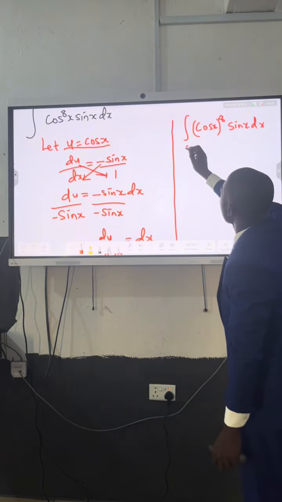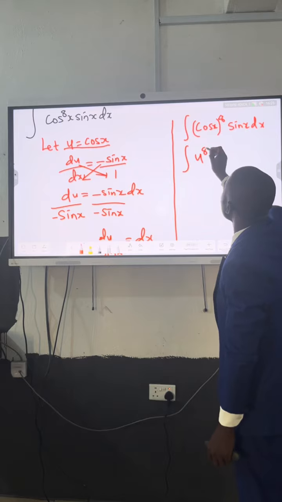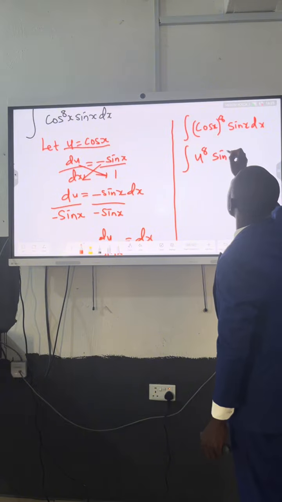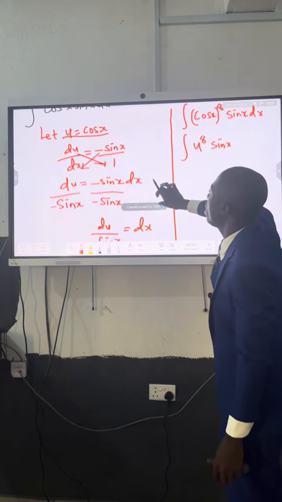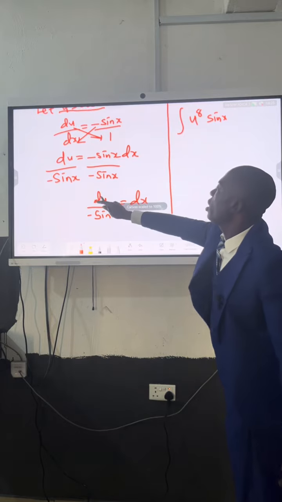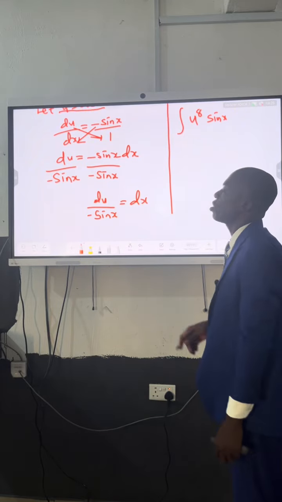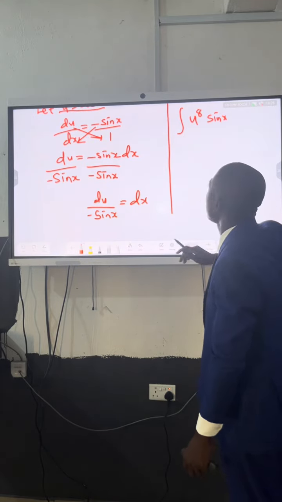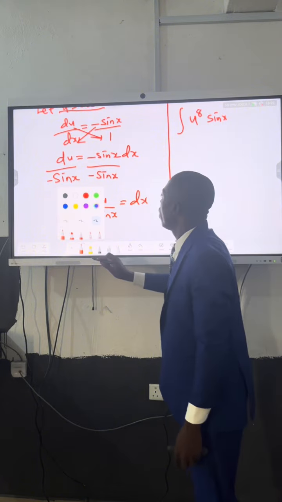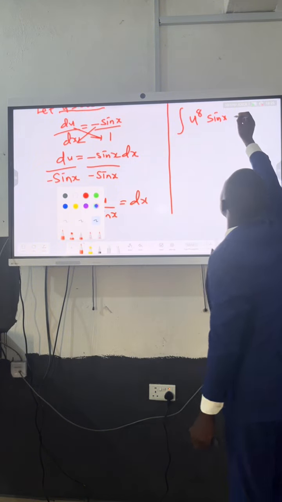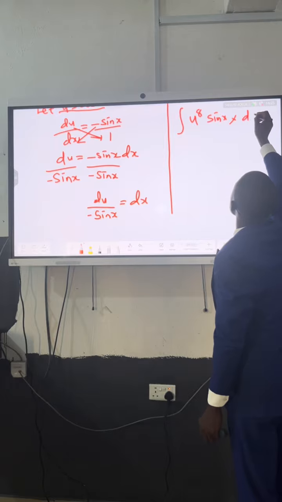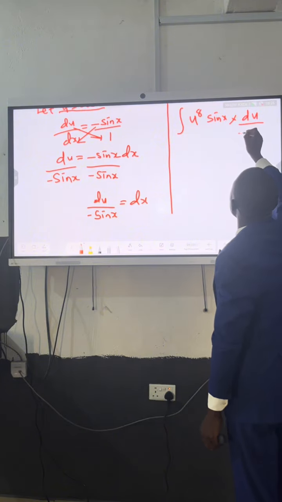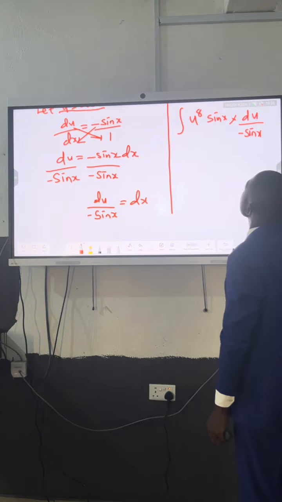So here you have the integral of u to power 8, then sine x, and dx is actually du over minus sine x. So we go and fetch it and put it here: instead of dx, you have du all over negative sine x.